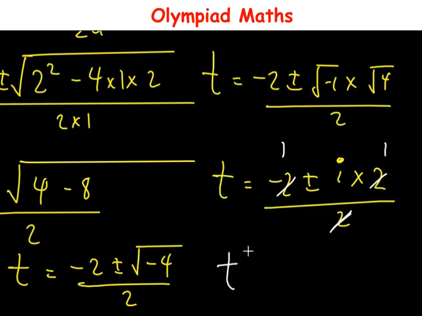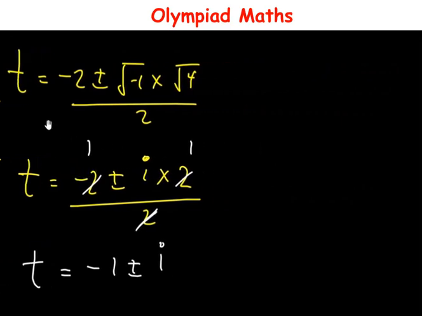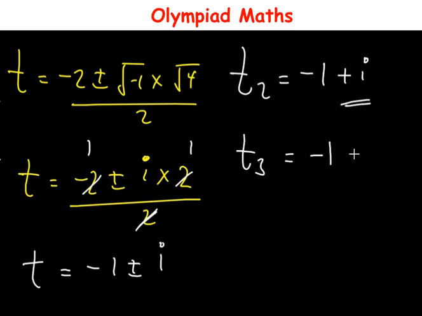So we have t is equal to minus 1 plus or minus i times 1, which is i. So we have the other solutions of t: t2 is equal to minus 1 plus i, and t3 is equal to minus 1 minus i. These are the other solutions for the value of t. The first one, t1, is equal to 2. So with this, we've gotten the solutions for the values of t for the given question.